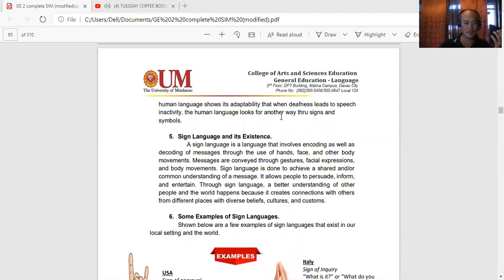So the thing is, as a mother, as a parent, how would you communicate to a child who is blind and deaf? You cannot teach them symbols using sight because she is blind. You cannot teach her words because she is deaf. So the only thing that's left of her is the sense of touch.